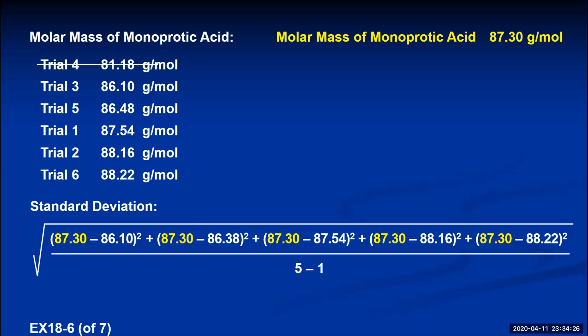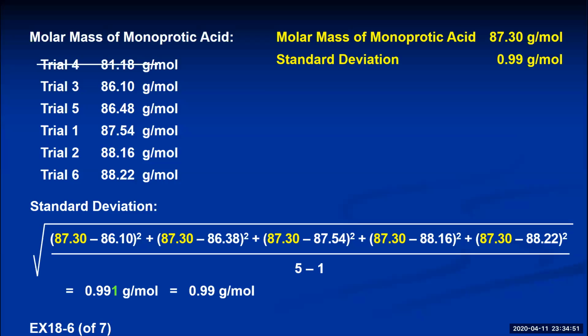It turns out that this value we get, statisticians have shown, will give you a value that if you're plus or minus that value from the average, 68.2% of the time, you're going to have a measured value in that range. So if you do this, this comes out 0.991, or rounding it to 2 places past the decimal point, because every one of my measurements is 2 places past the decimal point, I get 0.99 grams per mole.